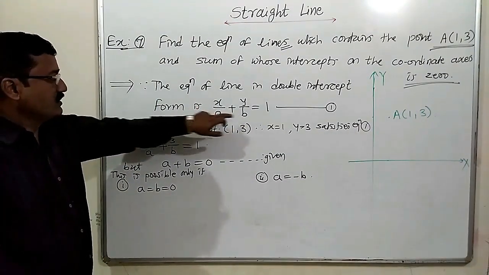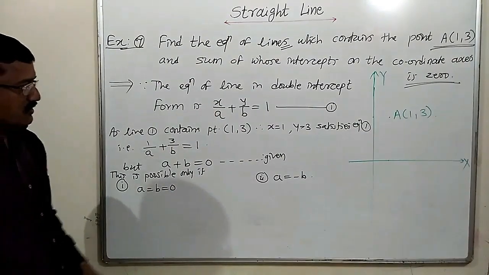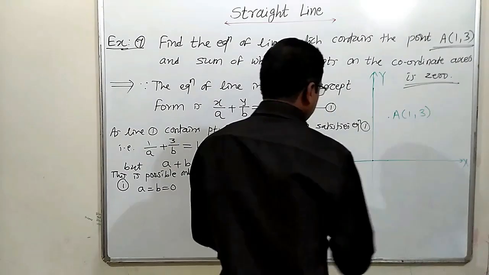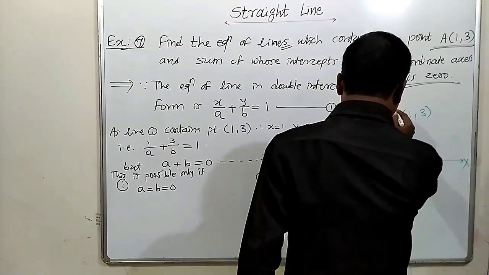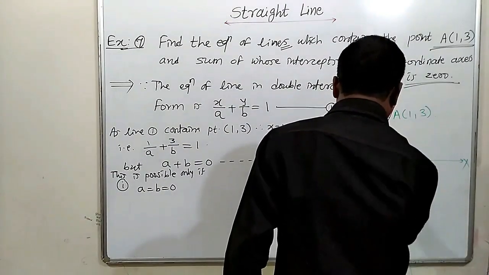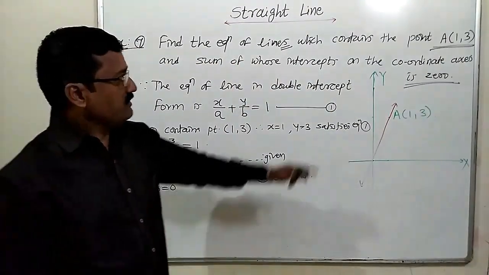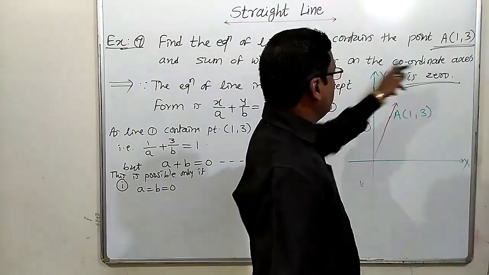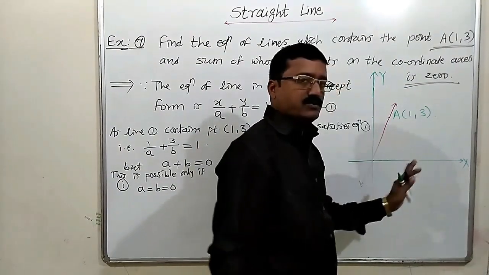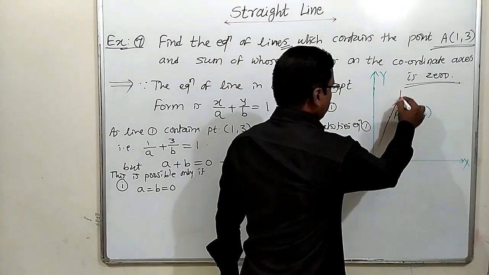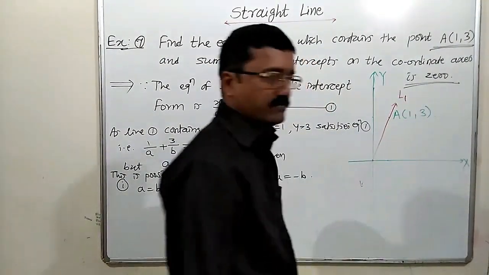When both intercepts are 0, the line passes through the origin. So the line will be like this, passing through the origin. This is the first line passing through point A(1, 3), and the sum of the intercepts is 0, since both intercepts are 0. I will call this line L1.